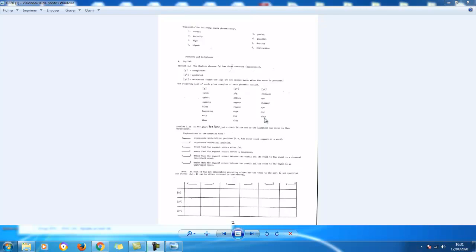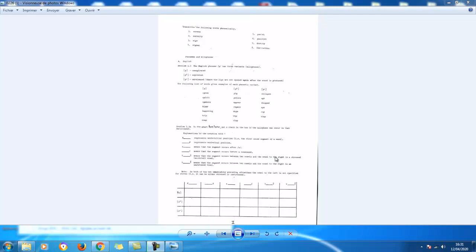So you don't need to release the air for that P in the word stop. So where do we find this P which is unreleased? It is final. Therefore, what is the box where we're going to put the check? It's here, final. So here we're going to put the check. P is going to be unreleased in this context because it is final.